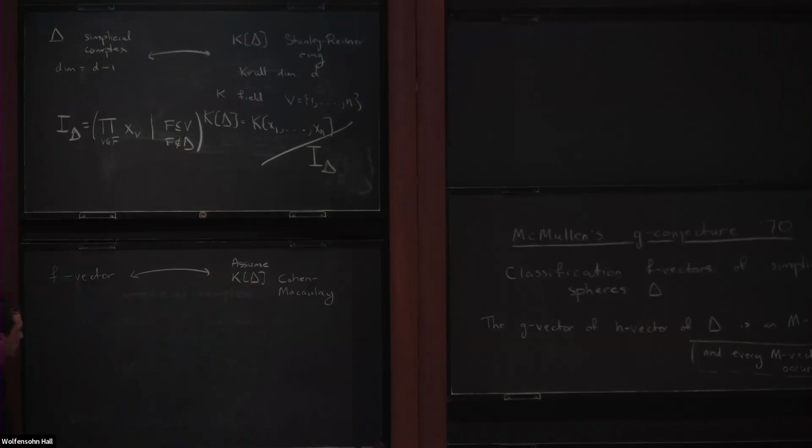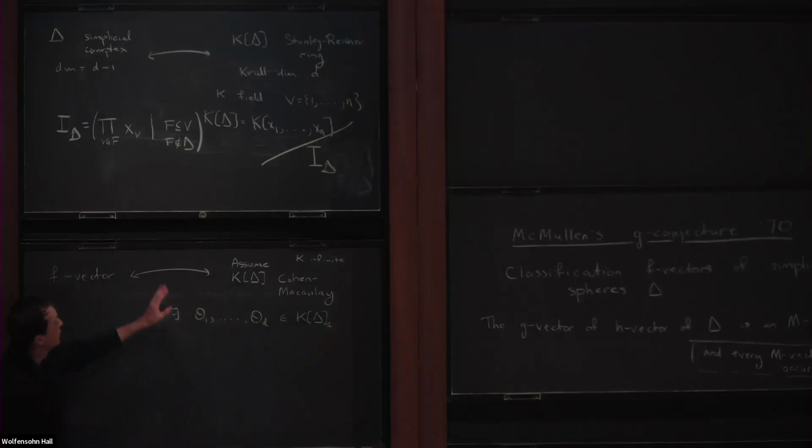If you have a Cohen-Macaulay ring, and let's say K is infinite, which it will be for us later, then there exists a system of parameters which consists of things in degree 1.